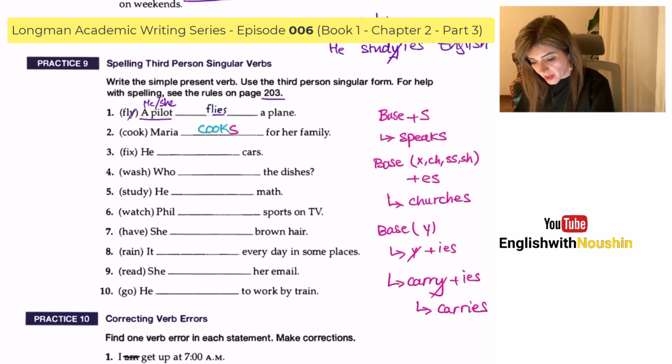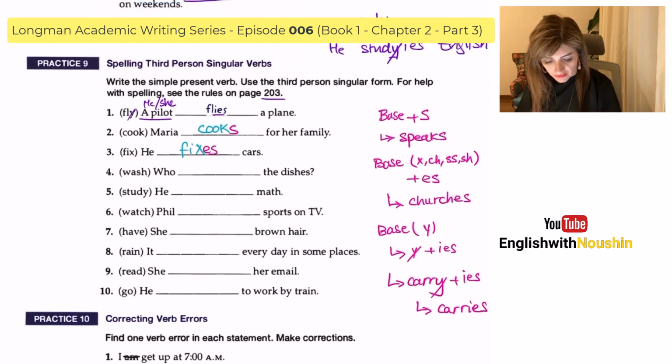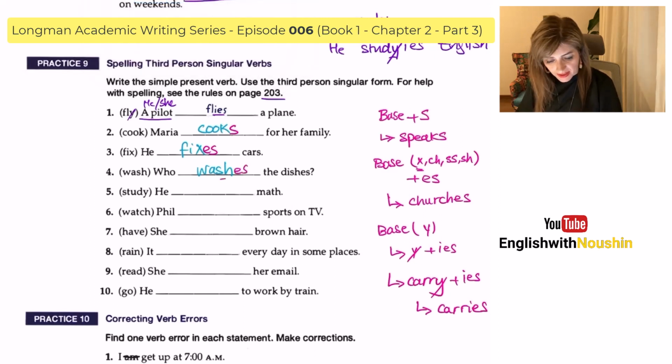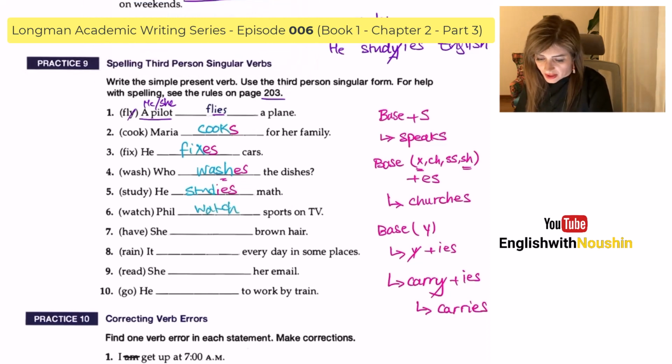Okay, he fixes. And then we need to add ES because it finishes with X. Wash. And then we need to add ES because it's SH. This one, study. We cross out Y, we add IES. Watch, you add ES.